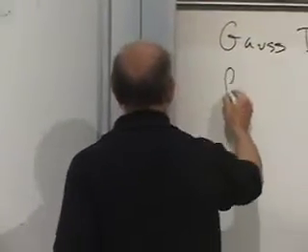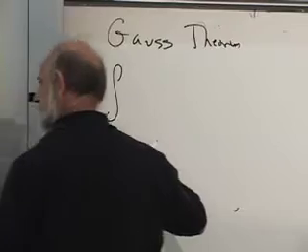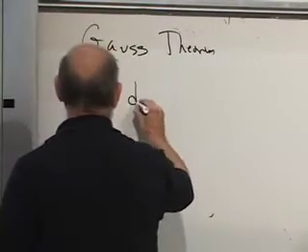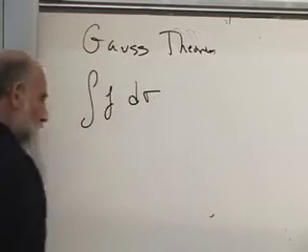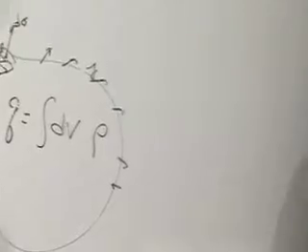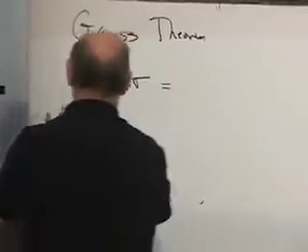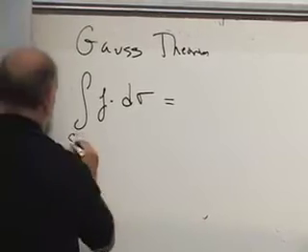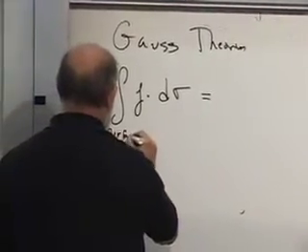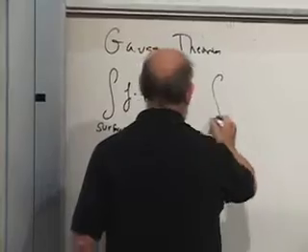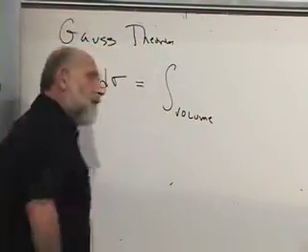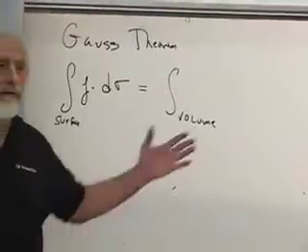It says that the integral of any vector integrated over the surface is equal to an integral over the volume. Now, if I had my class here, I would ask them what goes in there.